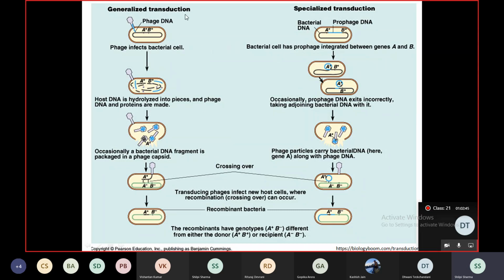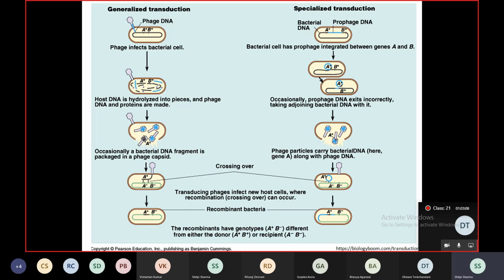Now from the name itself you can understand what generalized and specialized would be. In the case of generalized transducing phages, these phages are produced by an error during packaging of the DNA. Because of the error, there is insertion of random fragments of the bacterial DNA into the phage head.